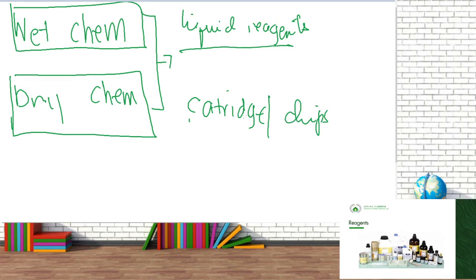Ibig sabihin, liquid chemistry and liquid reagent in the form of liquid. I am sure naman you are aware of that. Okay? So, meaning to say, your serum plus the liquid reagents in order to yield the analysis.